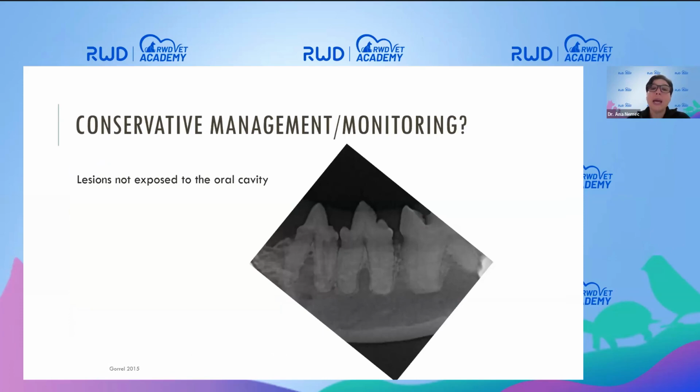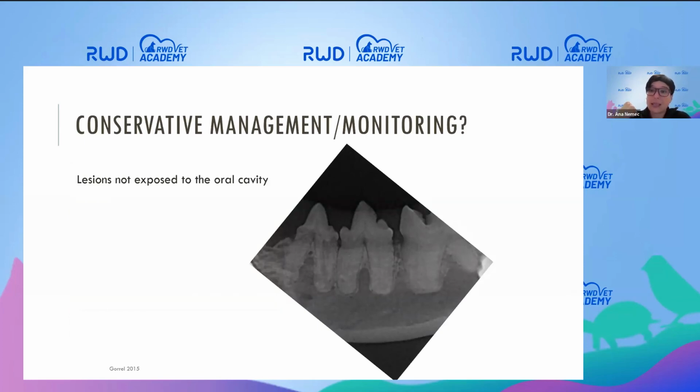Another gray zone is what do we do with lesions that we can only see radiographically? For example, this third premolar in this radiograph. We can see pretty obvious tooth resorption on the distal root, and it's also getting towards the crown. However, examining this tooth clinically revealed no lesions exposed to the oral cavity. So by definition, we may not really need to treat this tooth at this point.